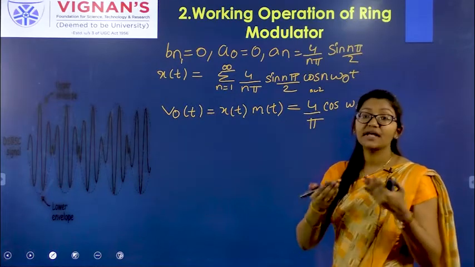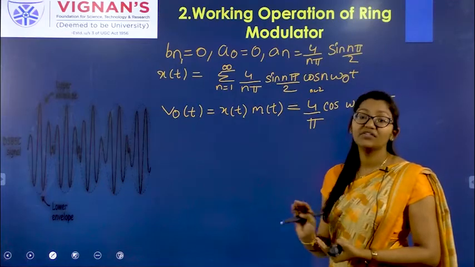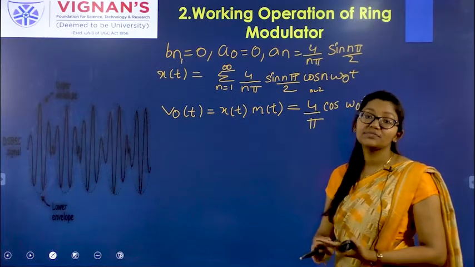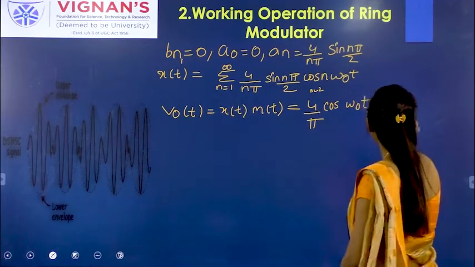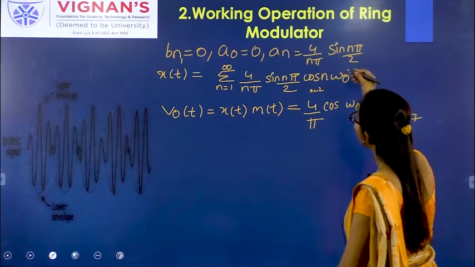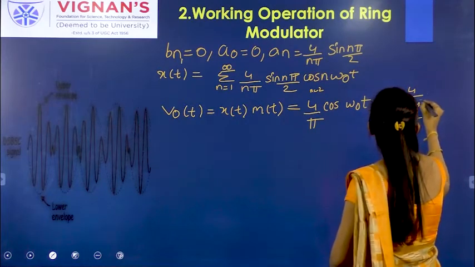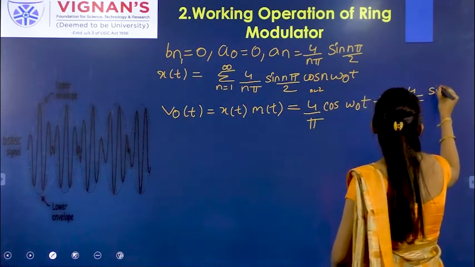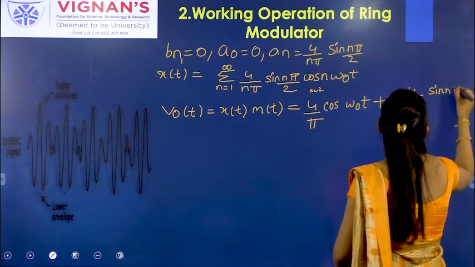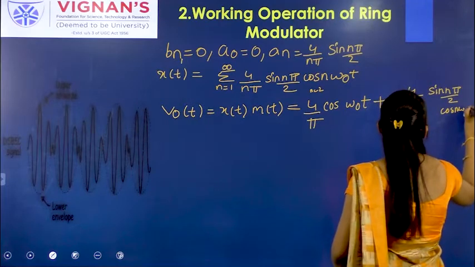The terms sin pi, sin 2 pi, sin 3 pi are all 0. So there are no even terms here, only odd terms will be present. So I write n equal to 3, 5, 7, and only then this value will be present: 4 by n pi sin n pi by 2 cos n omega naught t.